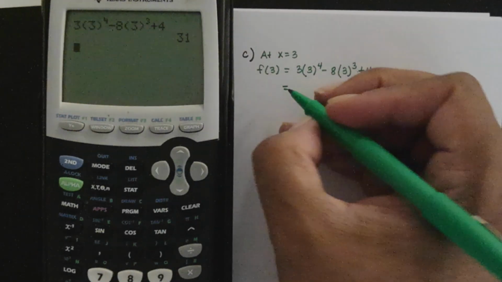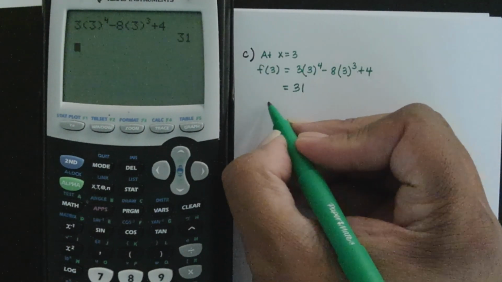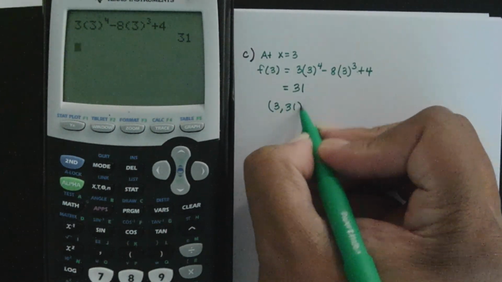Now here I get 31. So my ordered pair would be 3, comma 31.